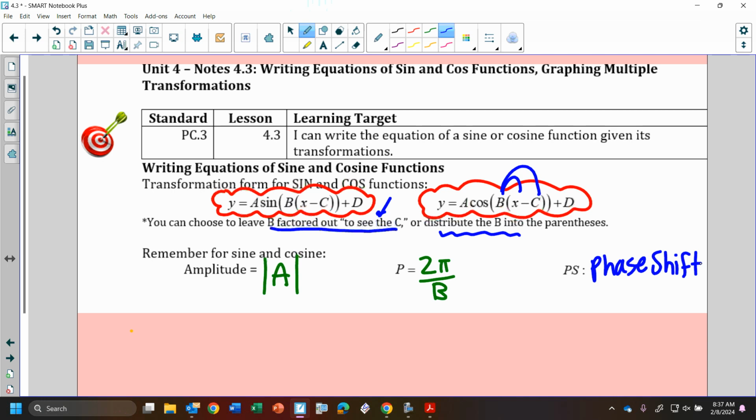Remember that when you have your B factored out, the phase shift is just that C, that right or left movement right inside the parentheses. Okay. The C is your phase shift if B is factored out. And that's an important if: B is factored out.